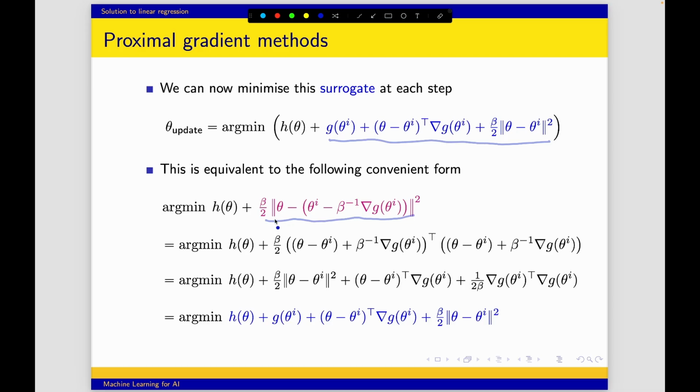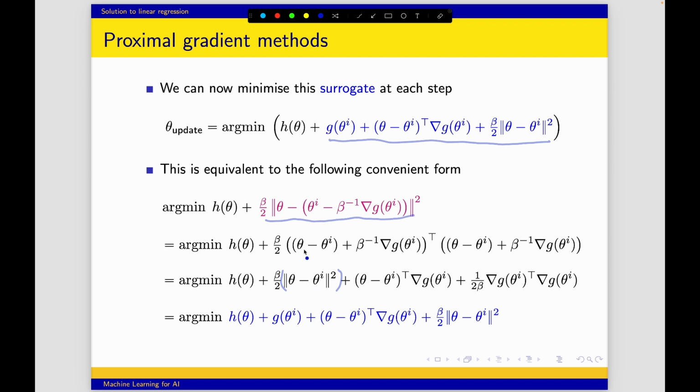So let's expand this. Let's be explicit about what this is. Well, this is beta over 2, this vector dot itself. That's how we get the 2 norm squared. So it's this vector dot itself. Now let's expand this whole thing out. We're going to get theta minus theta i transpose theta minus theta i times beta over 2, which is beta over 2 times the 2 norm squared of theta minus theta i.